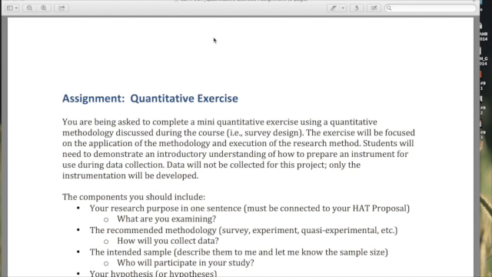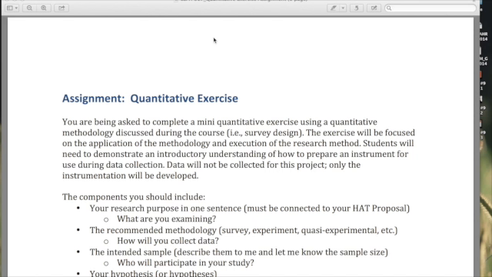I want to talk a little bit about the quantitative exercise that's going to be due after our spring break. So, in a couple of weeks, this assignment is going to be coming due, and I wanted to walk through some of the very specific components with you for this particular exercise. Just off the top, what you're being asked to do is to complete a mini exercise.